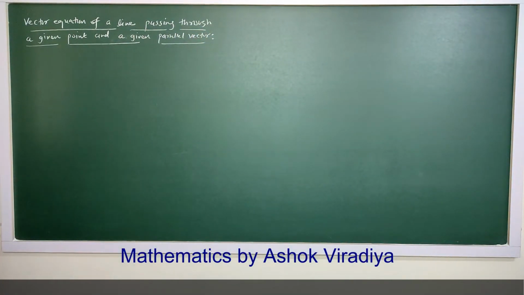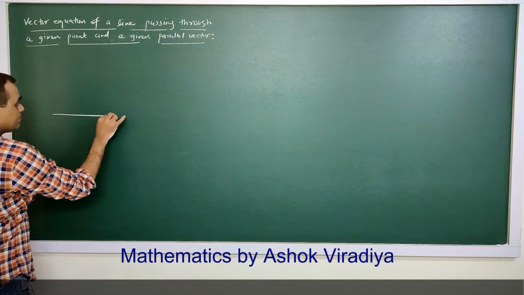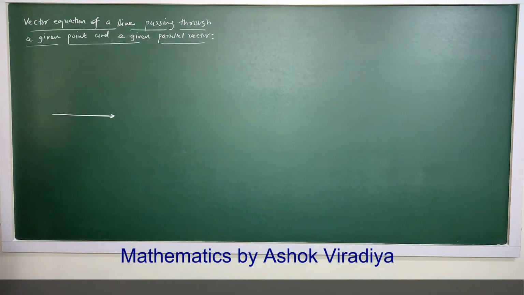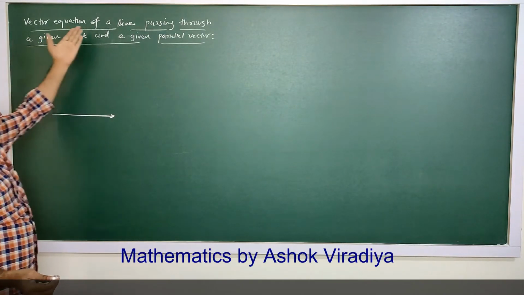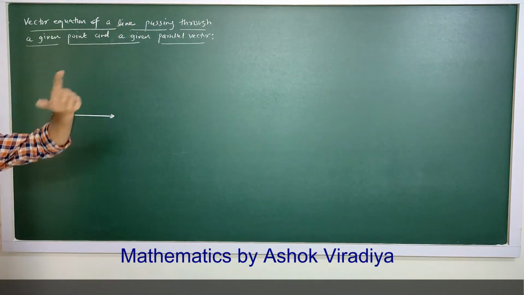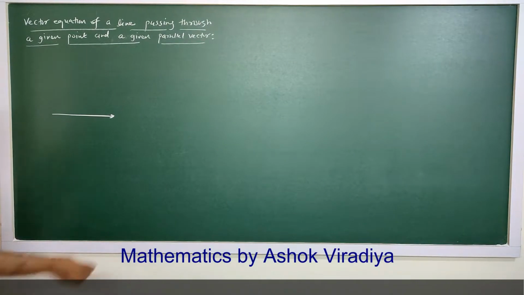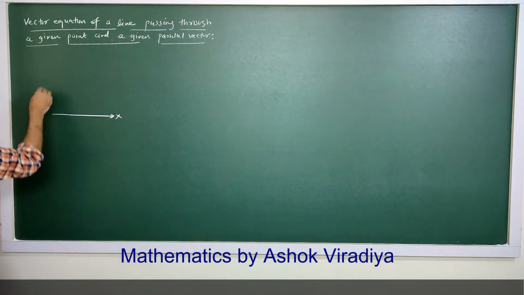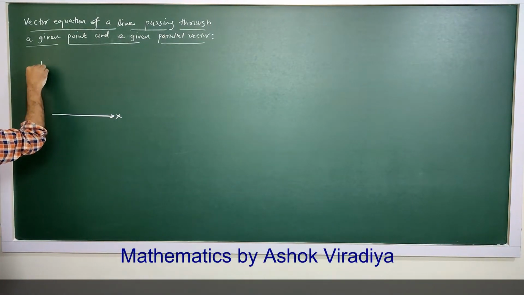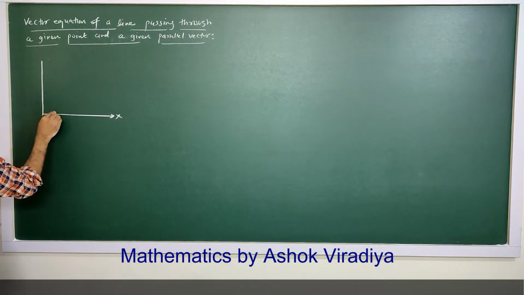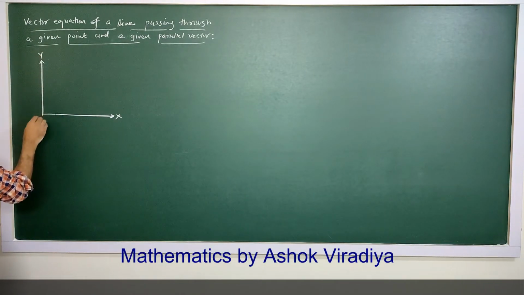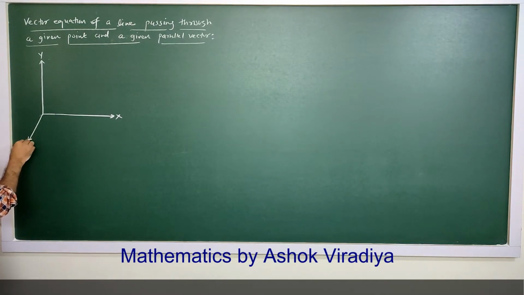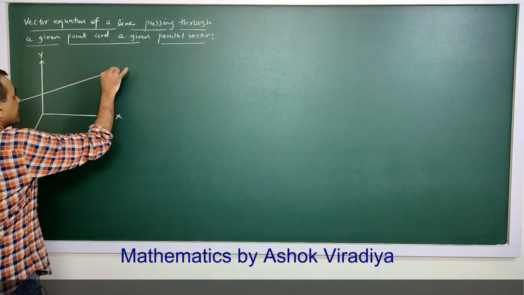See, to understand this result in space, everything we are discussing is about vector equation of a line in space. So this is the x-axis, this is the y-axis, and this is the z-axis. Now in this space, this is a line.